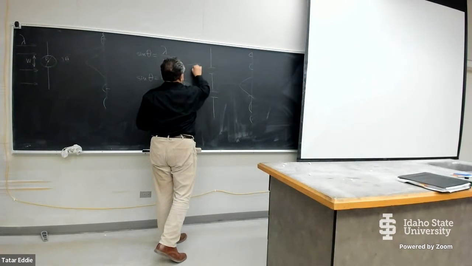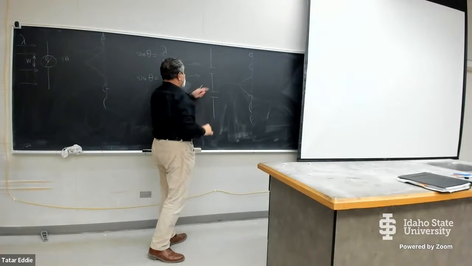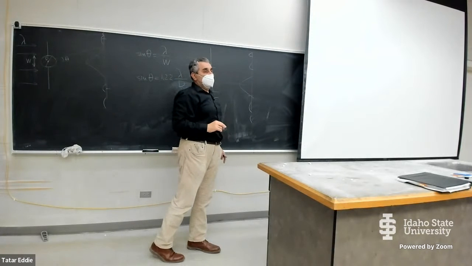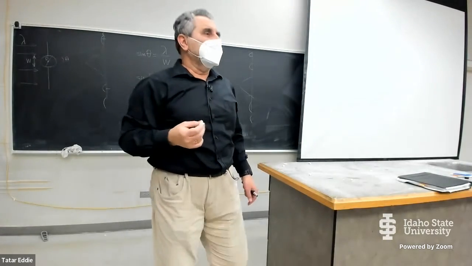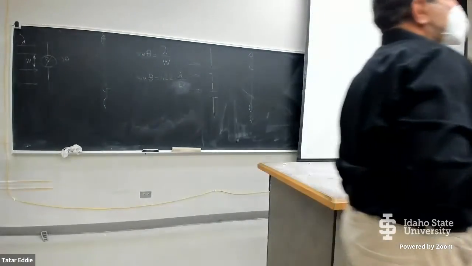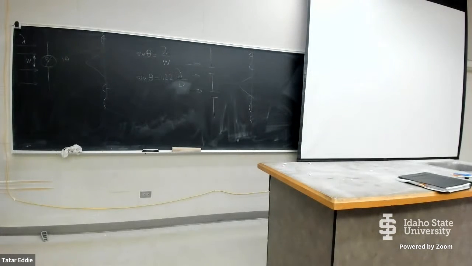Like the light comes in here, and you observe the interference pattern. So this is one easy way to think about the fact that diffraction and interference are pretty much the same, or two sides of the same coin, let's say.